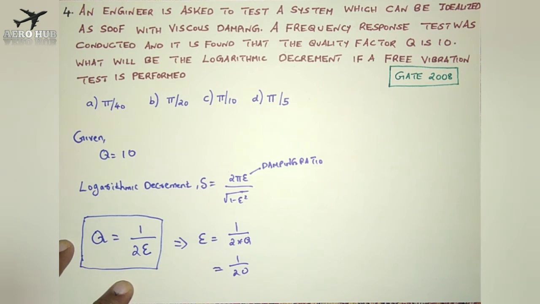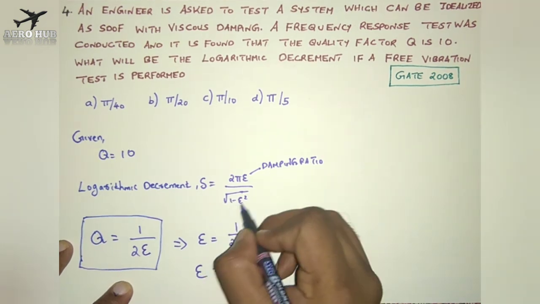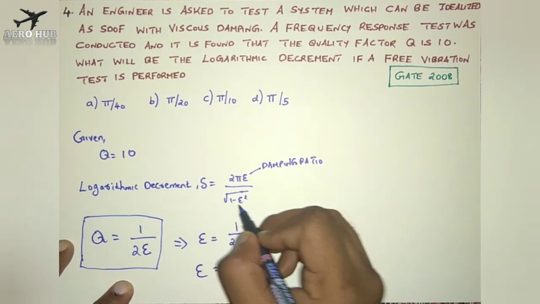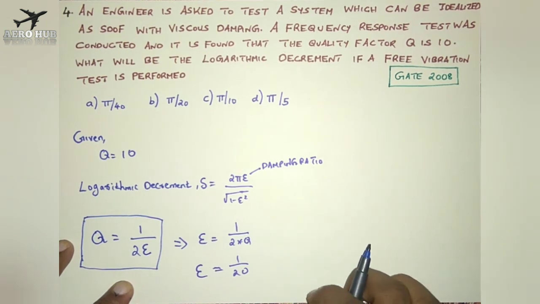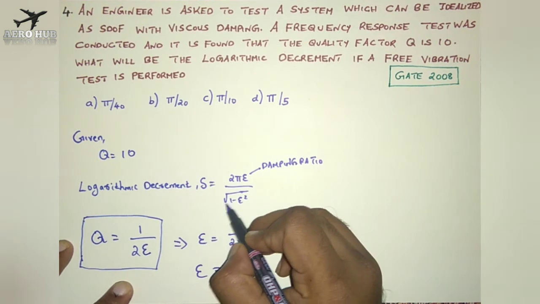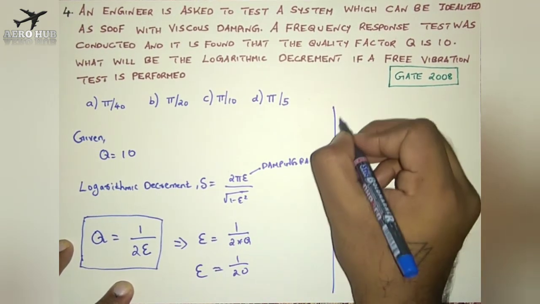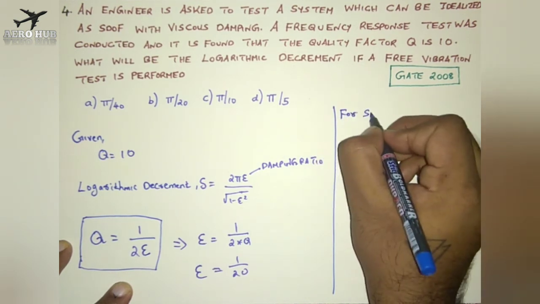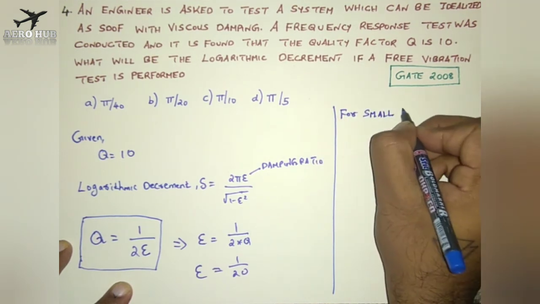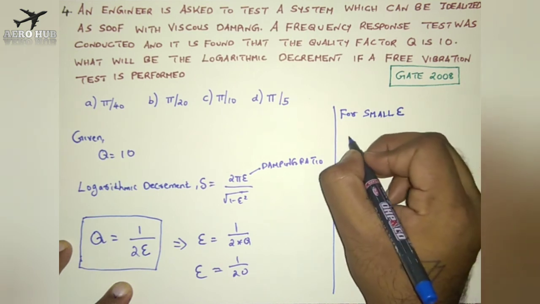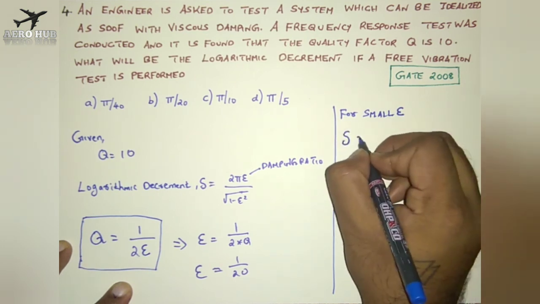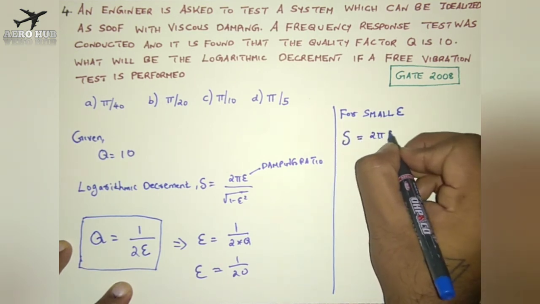If you can see here, epsilon is very small, that is, the damping ratio is very small. So in the denominator of the logarithmic decrement, we have root of 1 minus epsilon square, and if I take the root, it will be 1 only. So for a small value of damping ratio epsilon, the logarithmic decrement delta is equal to 2 pi epsilon.